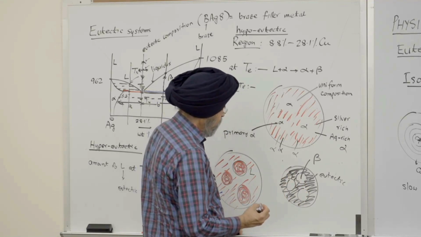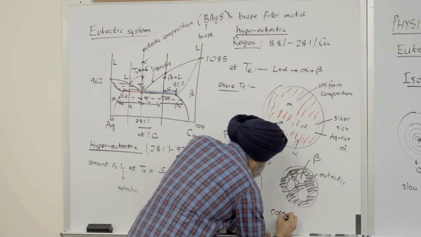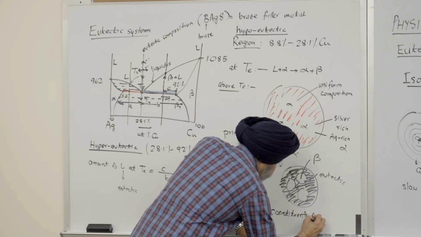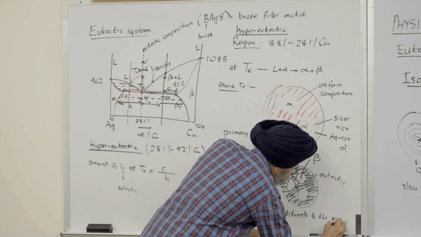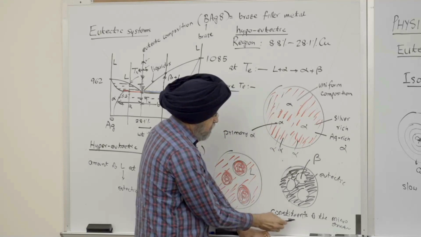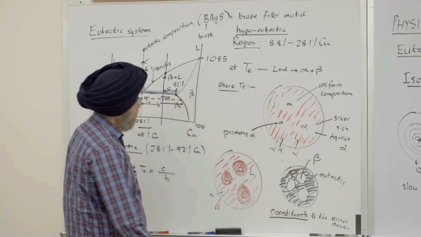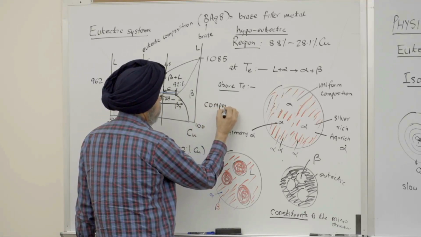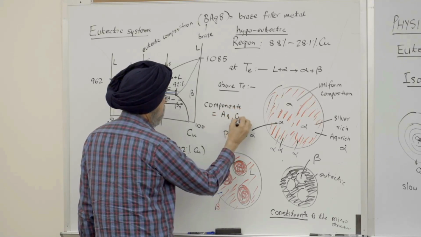They are called, let me write this down, the constituents of the microstructure. So we also have components. The word components is reserved for silver and copper.